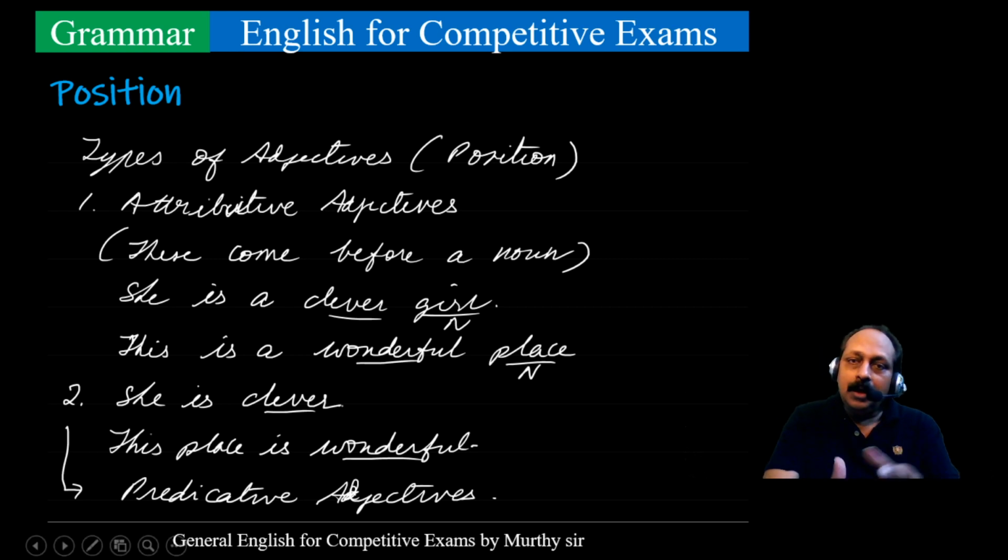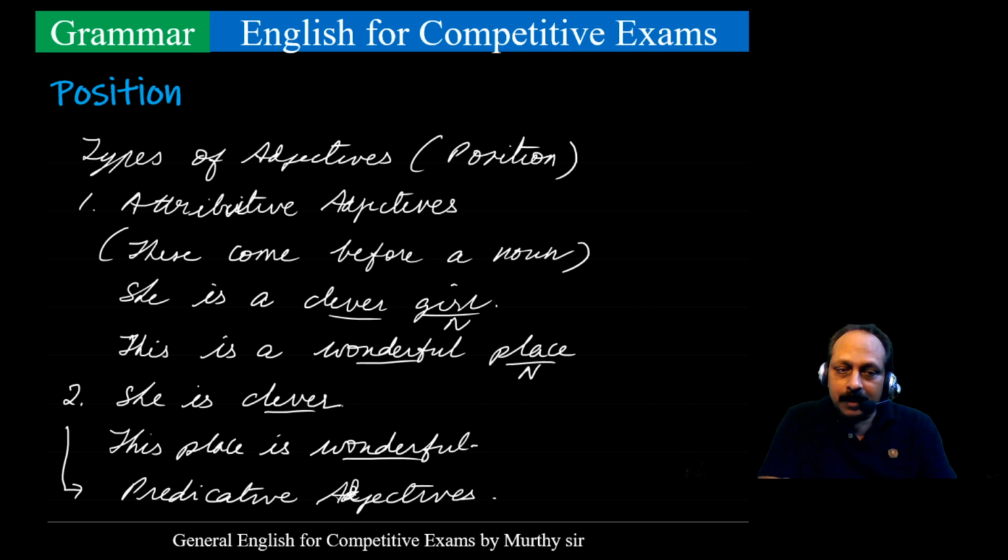Now you may ask, so what is the difference between attributive adjectives and predicative adjectives? Attributive adjectives, they take an article, they also take a noun. Two things are essential in this sentence pattern: an article, indefinite article, and a noun.